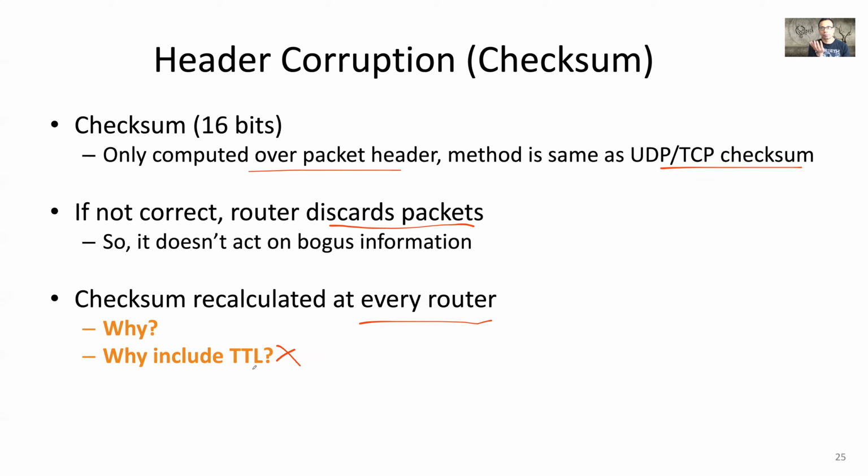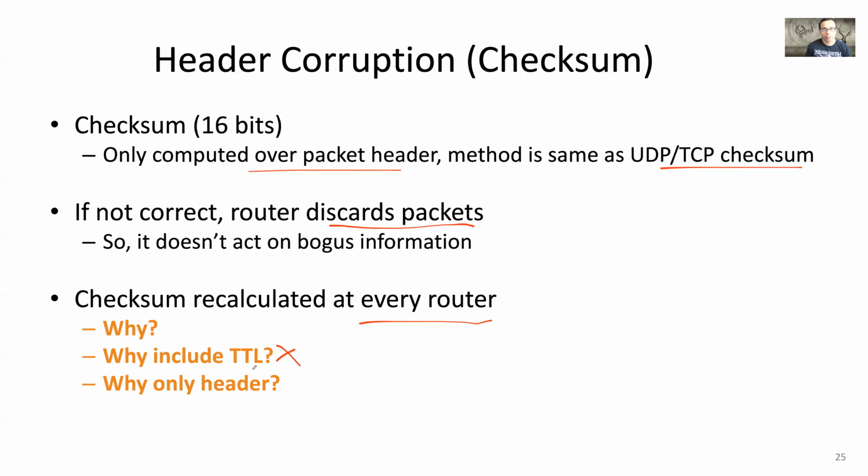They looked at the trade-offs and said, if the router is actually going to change that field, it's possible that it might introduce some errors in that field. So that's the reason they said, let's recompute the checksum over the entire header and not exclude the TTL.